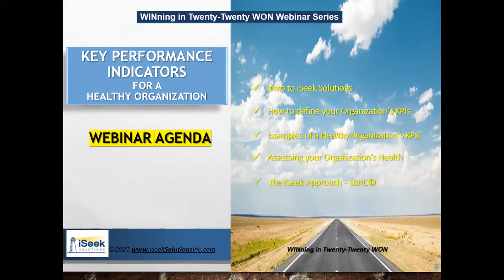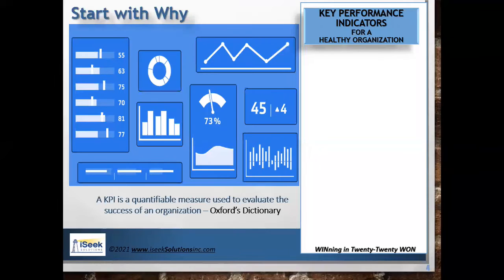And then lastly, we're going to take a look at iSeek's approach to diagnosing your organization's purpose, objectives, and goals. We do that through a resource that we've created called the Business Health Check. So we'll take a look at that. We'll look at how we've done that with a partner client of ours and go into a little bit of a look at a case study. So without further ado, let's go ahead and get into the webinar.